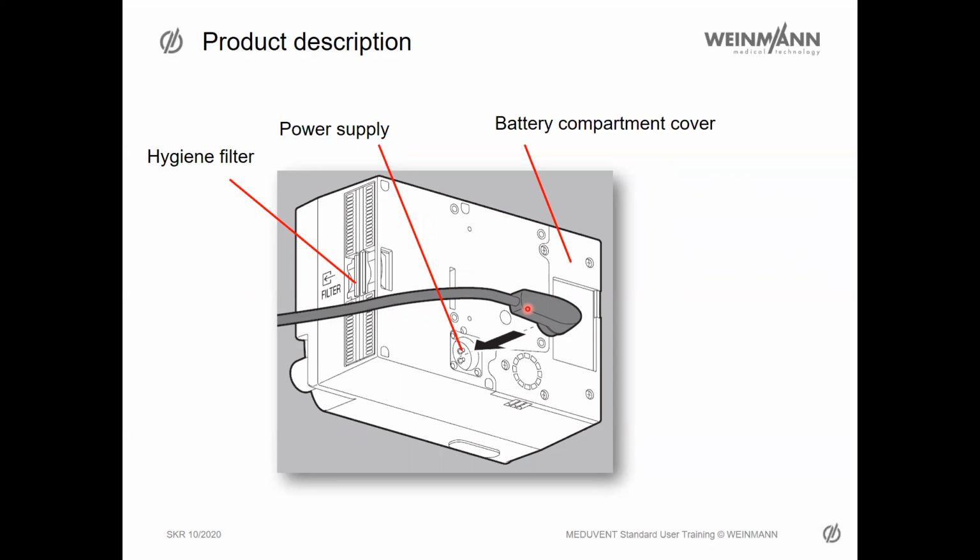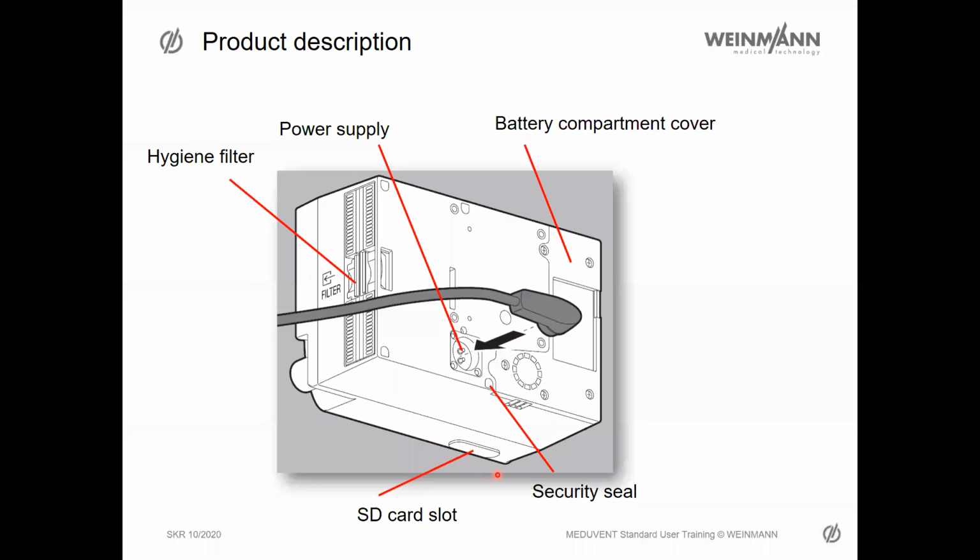We have the battery compartment cover. So the MEDUVENT standard has no battery changeable by users. You can change the battery, but only here on the back you have these grips where you open the compartment cover and can change the battery behind it. Security seal on the back, and we have on the bottom, as we know from MEDUVENT standard 2, for example, the SD card slot.